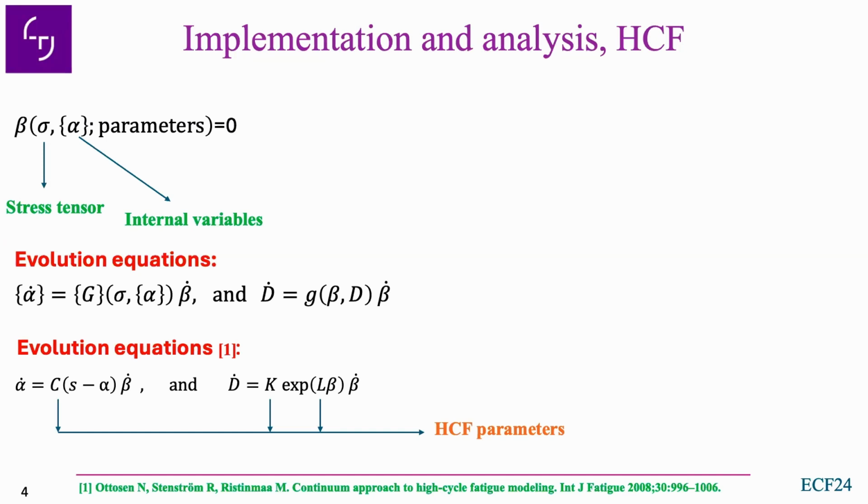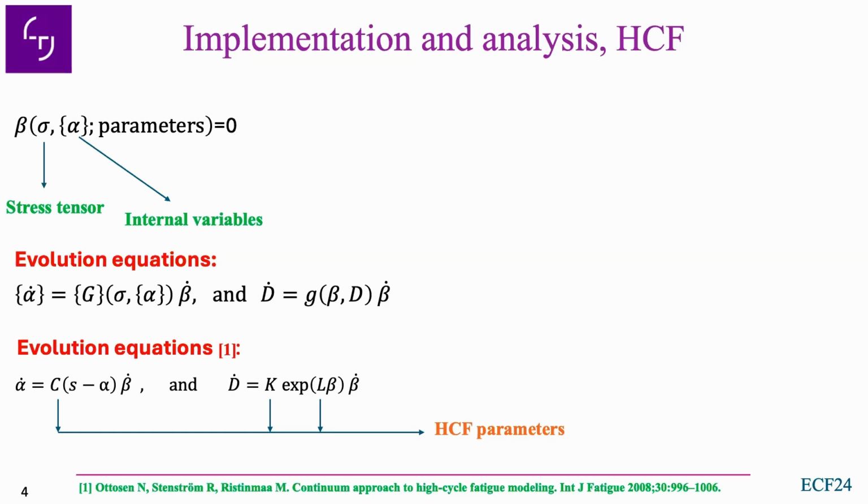The original form of Ottosen is based on beta. Beta shows the endurance surface in the stress state. As you can see, beta depends on the stress tensor, sigma, and some internal parameters that would be calibrated by experimental tests. And as I said before, this method is based on evolution equations.